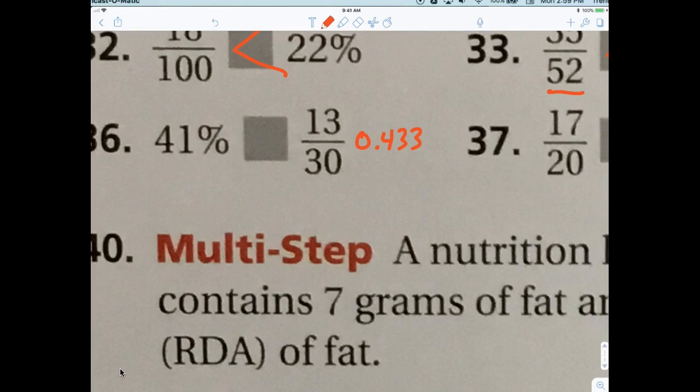Do you even know what we're doing? Which one is, what sign? 41% is what compared to 13 over 30? Thank you. Come on, Mr. Diesel. Charge up those engines, man.